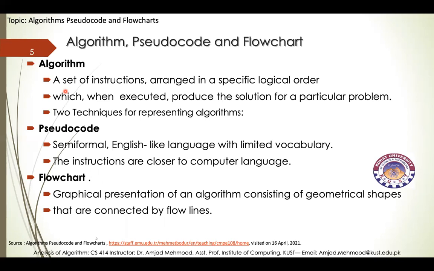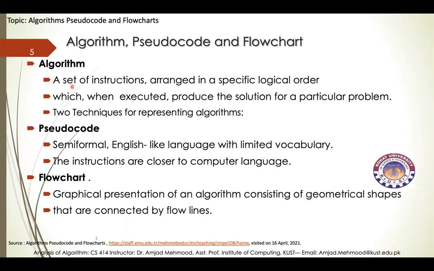Now, algorithm, pseudocode, and flowchart. We have to understand the differentiation between these three terms, which are sometimes used interchangeably. Sometimes you don't know and you use these terms interchangeably, but they are different. So today I'll try to make it clear that first we have algorithm.